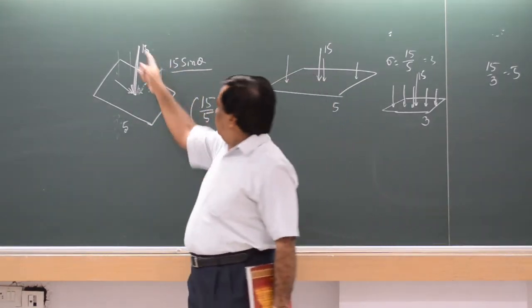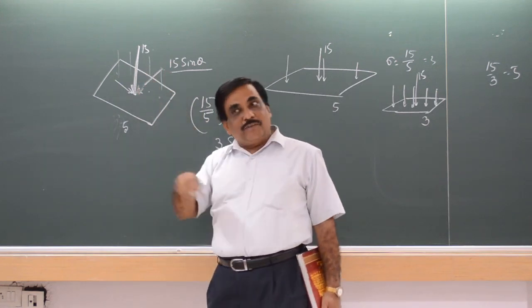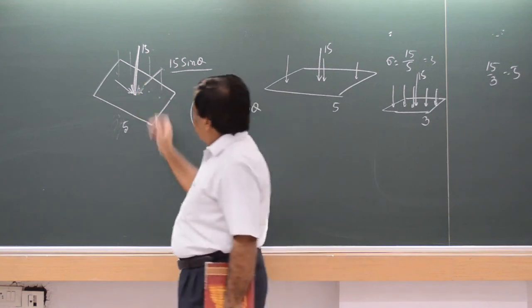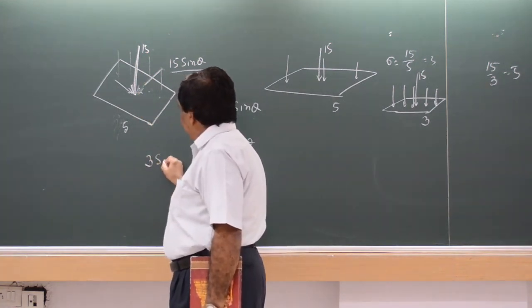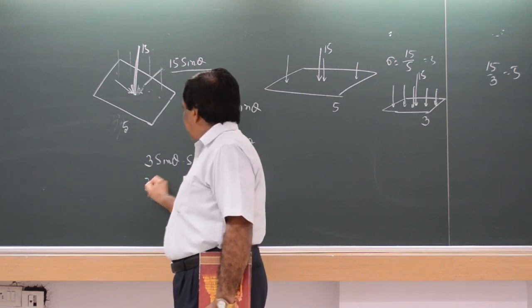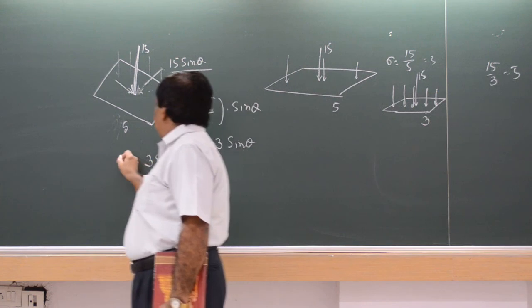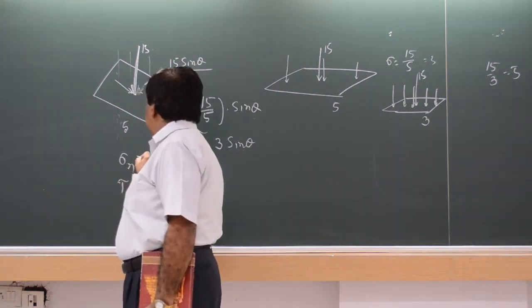Then when you are resolving this 3 sin theta into a normal component and a shear component, 3 sin theta into sin theta is the normal stress. 3 sin theta into cos theta is the shear stress.